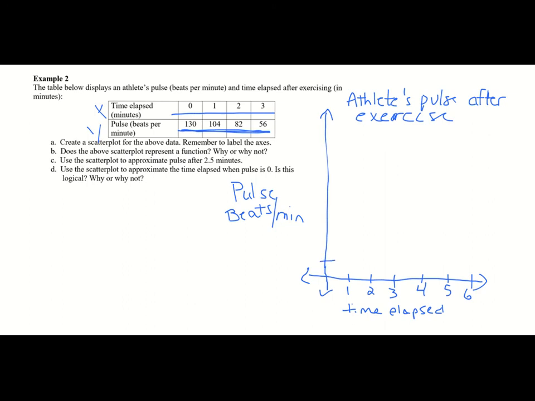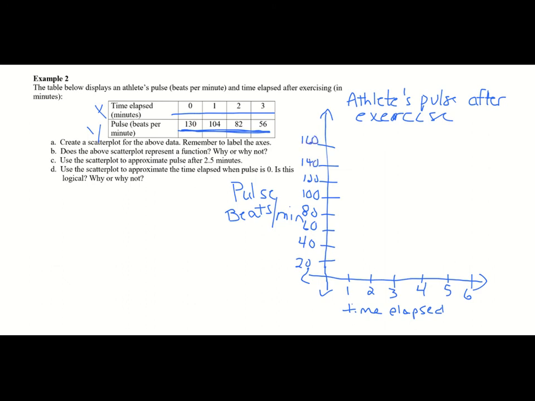So we have 20, 40, 60, 80, 100, 120, 140, and that's our highest value. I'll put 160 on there. So this is again 20, 40, 60, 80, 100, 120, 140, 160.